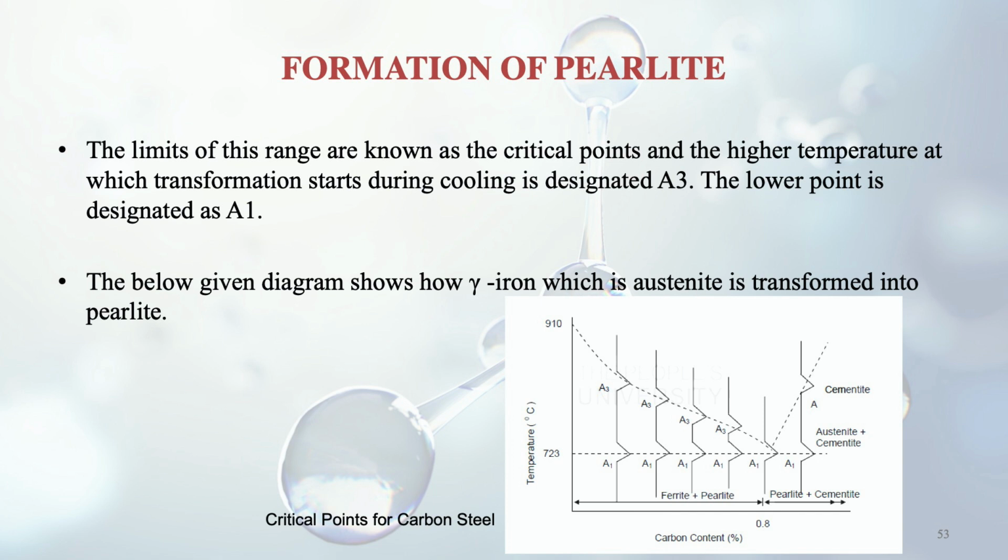The A3 starting point is around 910 degrees centigrade, and A3 can be anything between 910 and 723 degrees centigrade. But A1 remains fixed at 723 degrees centigrade. So this diagram is showing how gamma iron, that is austenite, is transformed into pearlite.